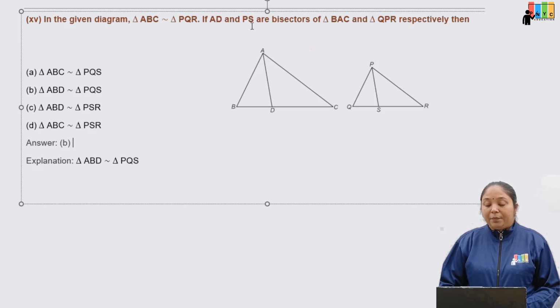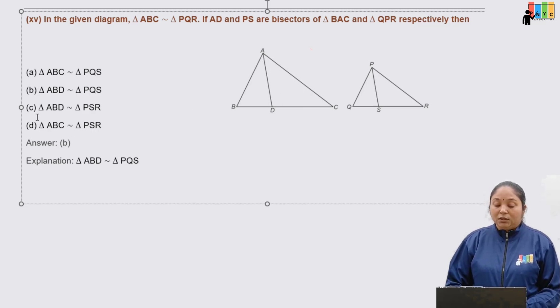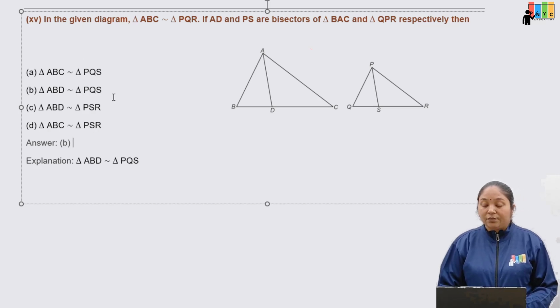If AD and PS are bisectors of angle BAC and angle QPR respectively, then AD and PS are the bisectors. That means they are bisecting angle A and angle P. Now, among these, which will be the correct option?